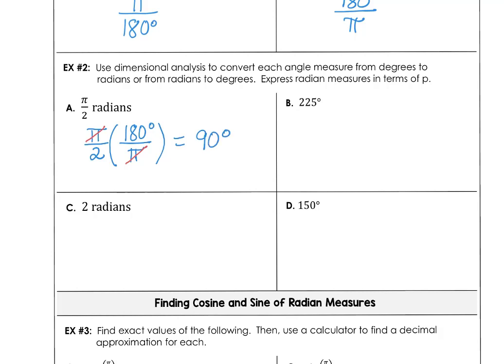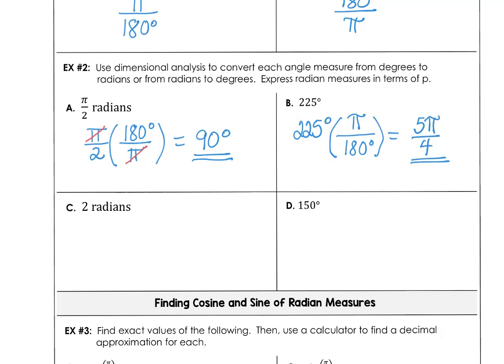So pi over 2 radians is equivalent to 90 degrees. And then going the other way, if I have a degree, I need to turn it to a radian, which is our pi measure, and get rid of the degrees. So our degrees cancel. 225 times pi divided by 180 would simplify to 5 pi over 4 radians.